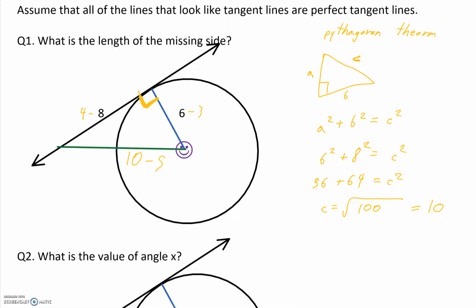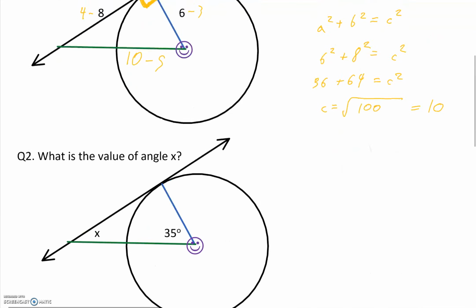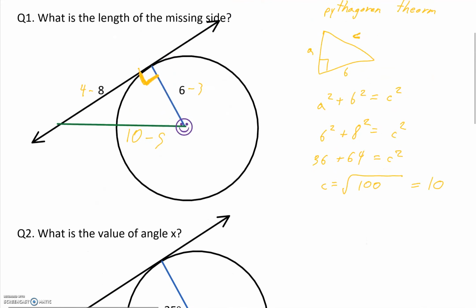So now let's look at a different question, but remember it's the same type of question. It's the same idea. So let's, well actually no, the last one's going to be the same. This one is an angle question, so this is not Pythagorean theorem.